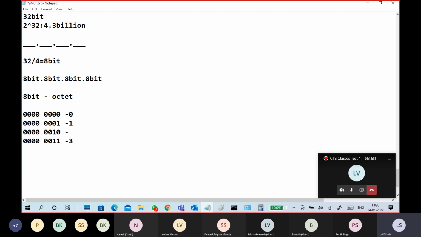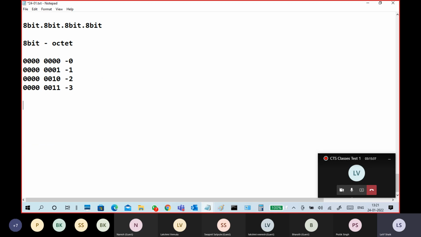It keeps going, increasing. The final numbers are 11111110, which is 254, and the last number is 255. What is the next number?